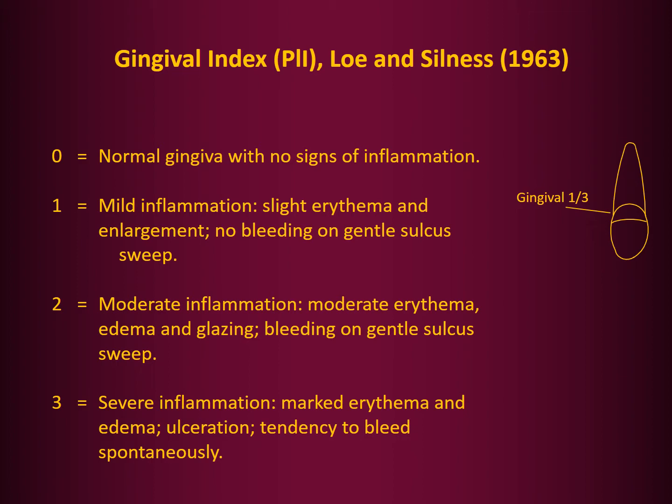And a score of 3 would be severe inflammation, and this is marked by severe redness, swelling, edema, ulceration, and a tendency to bleed spontaneously. I've been doing this business for many years now, and you rarely ever see a situation where someone bleeds spontaneously.